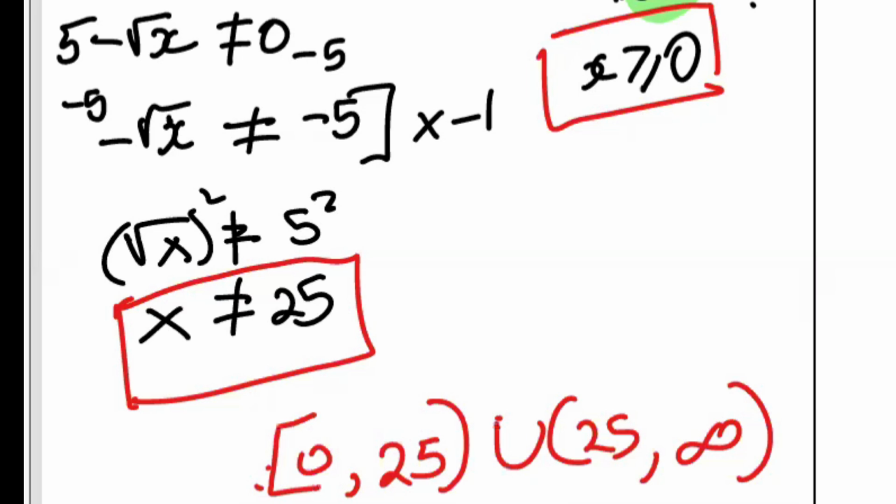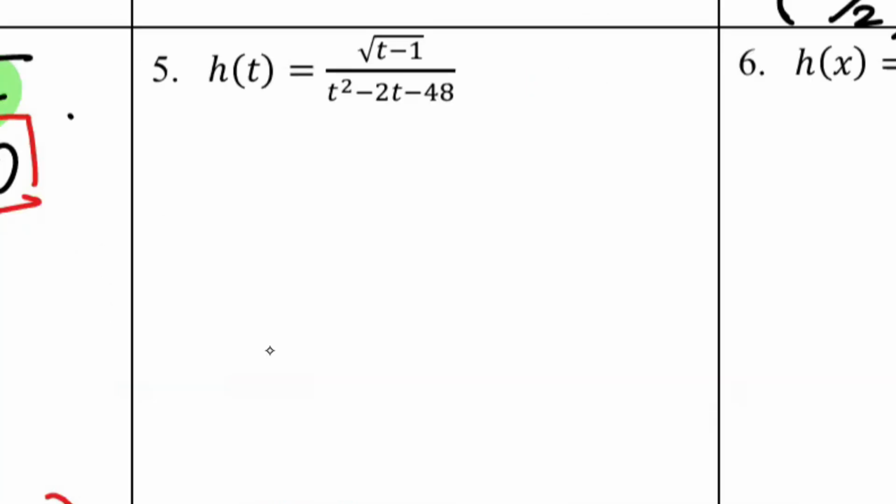Let's take a look at the fifth problem here. For the fifth problem, we're looking at a rational function with a square root at the top of our rational expression there. So let us take a look at this. First, I will isolate this part, so I'm looking at this part, t minus 1 has to be greater than or equal to 0.